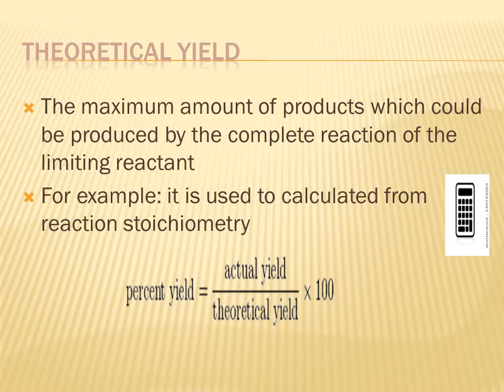And the theoretical yield is the maximum amount of product which could be produced by the complete reaction of the limiting reactant. It is found mathematically, not in the lab like the actual yield.